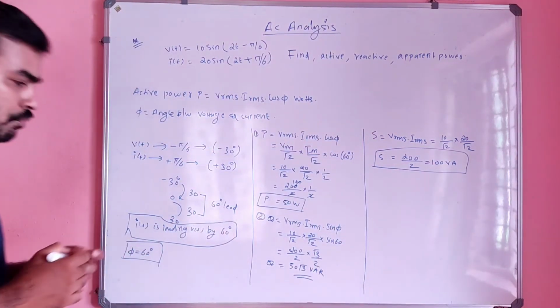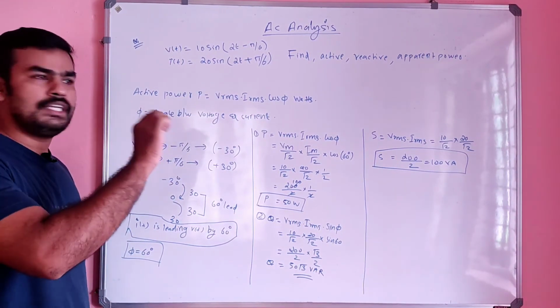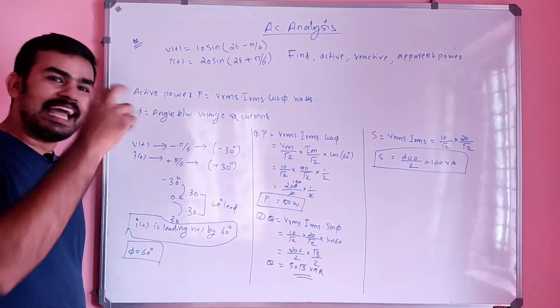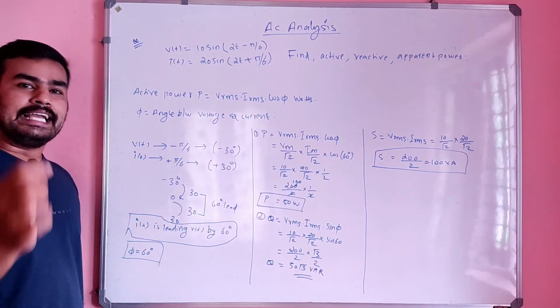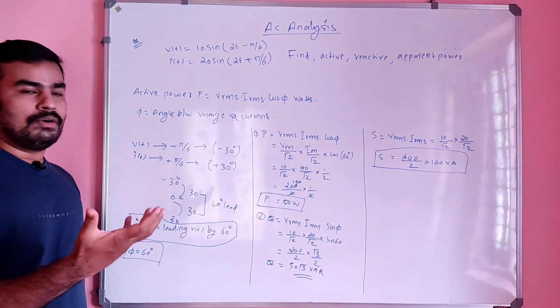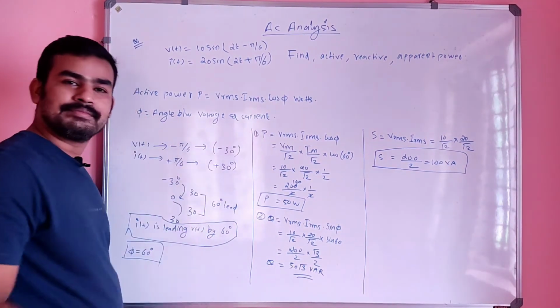So S will be 100 volt ampere. The unit of apparent power is simply V into I, so Vrms into Irms, right? So it will be volt ampere. Volt ampere reactive means VI sin phi, that is Vrms into Irms sin phi. Active means what? Vrms into Irms cos phi is the active power.